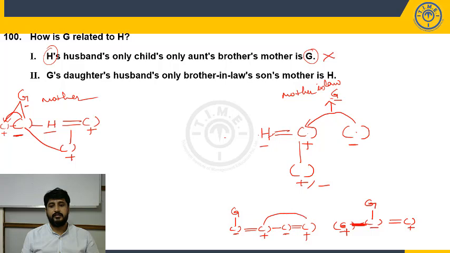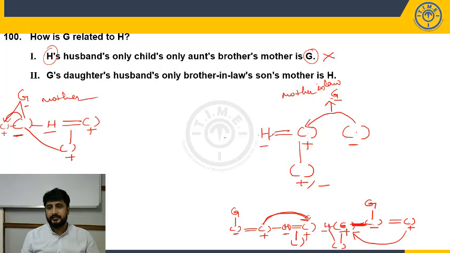Here to here is also brother-in-law relationship, and here to here also the relationship is of brother-in-law. Okay, G's daughter's husband's only brother-in-law. Yes, only brother-in-law. Yes, only brother-in-law here also. Only brother-in-law's son. So these people's son's mother is H.